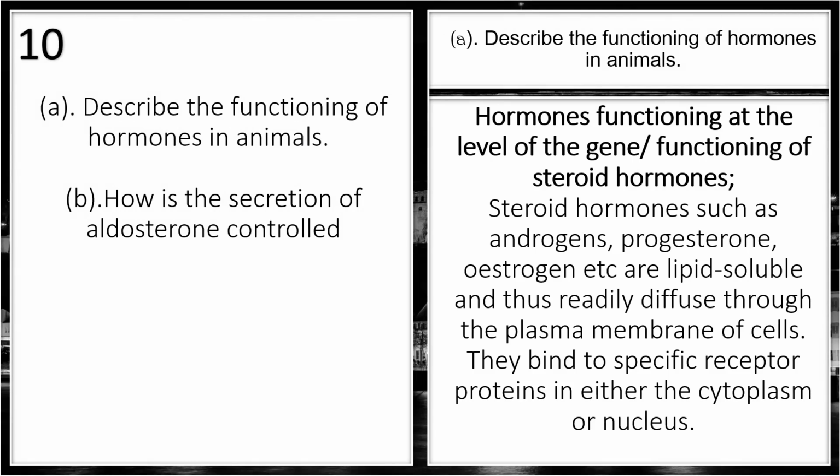Hormonal functioning at the level of the gene: functioning of steroid hormones. The steroid hormones such as androgen, progesterone, estrogen, and many others are lipid soluble and therefore readily diffuse through the plasma membrane of the cells. They bind to specific receptor proteins in either the cytoplasm or the nucleus.